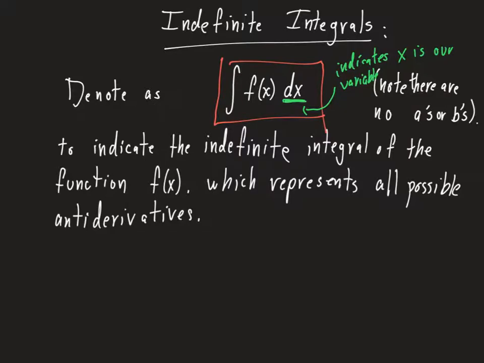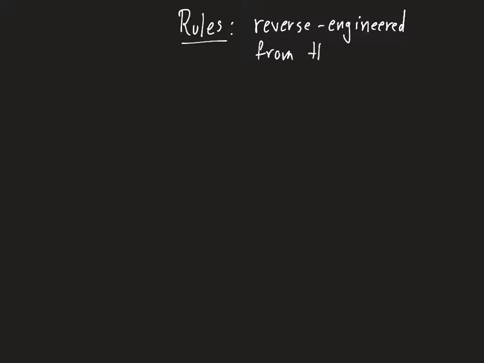All right. And now with this said, now that we've established this notation, I'm going to jump right into the rules. And these rules are going to basically be reverse engineered from the derivative rules.